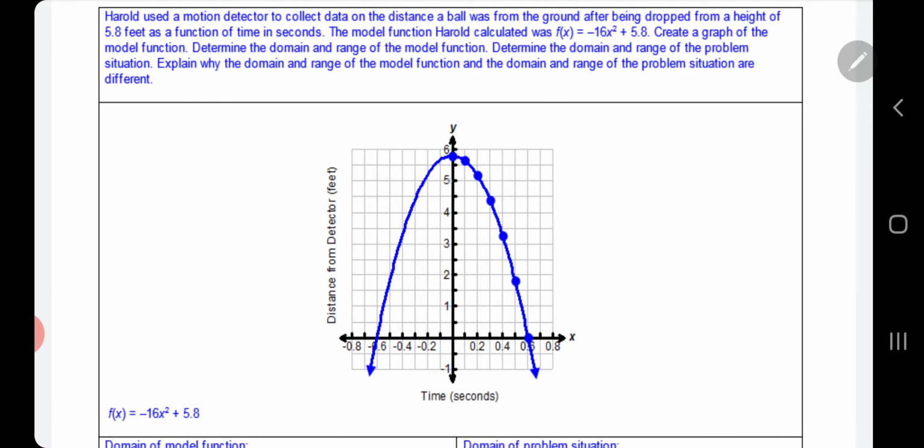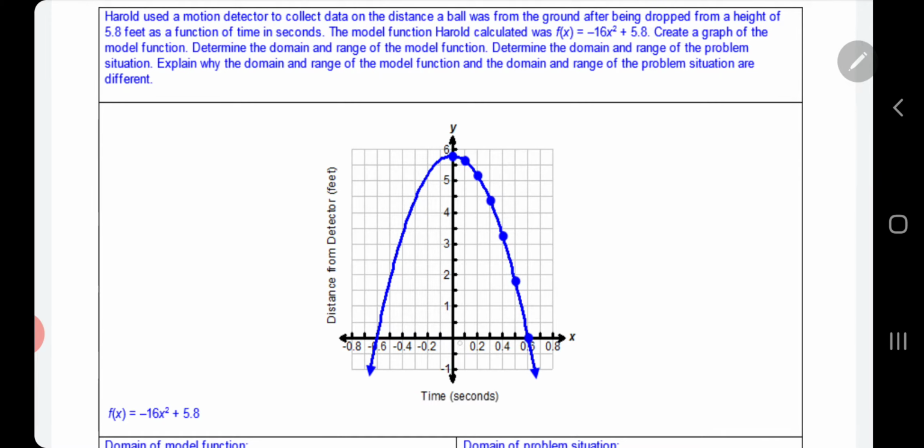Well, if we're just talking about domain for real quick, we're talking about our time. Our time would have to start at 0 seconds, the moment right before he dropped the ball. We do not have negative seconds, because we're just talking about from when he dropped the ball to when it landed. So we are restricted from when he started to when it ended. I'm just looking at time here.